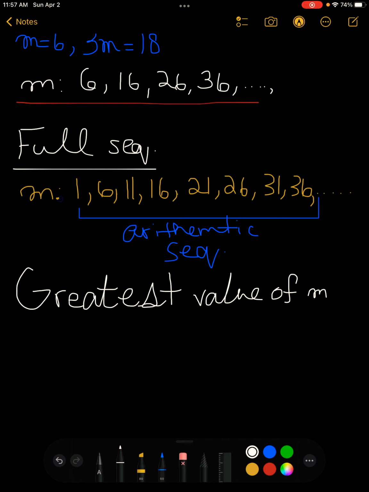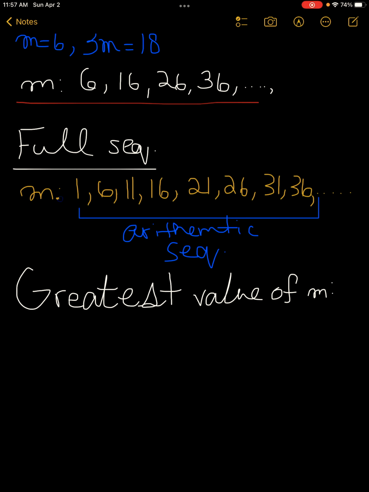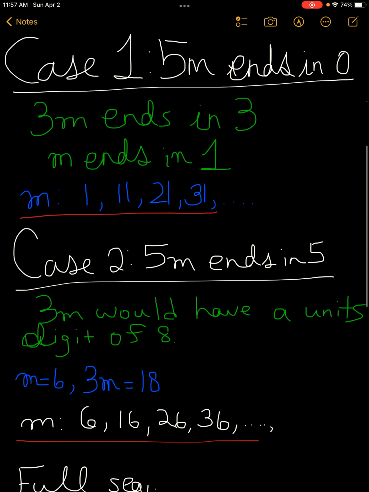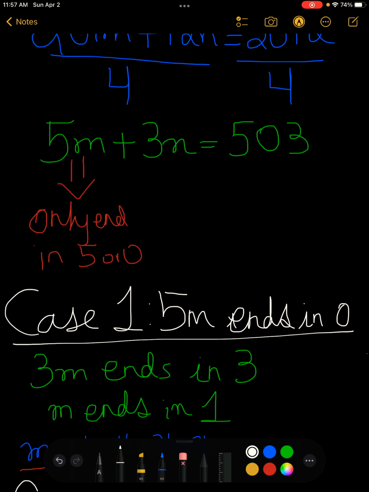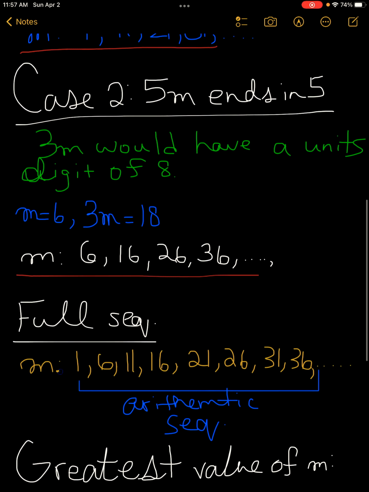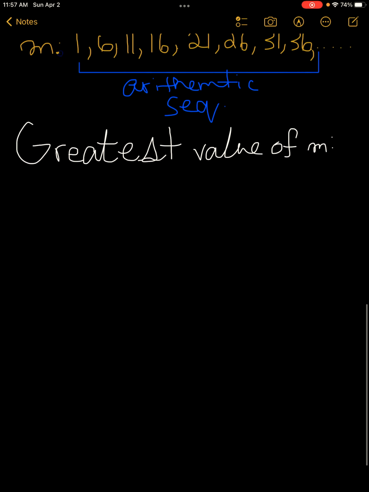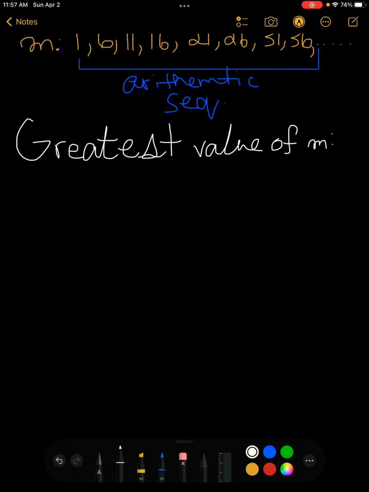So now we can find the greatest possible value of n. And to do that, we have to look back at the equation we derived all of these cases from: 5m + 3n = 503.